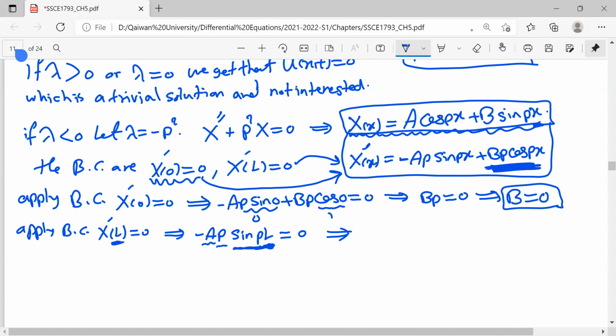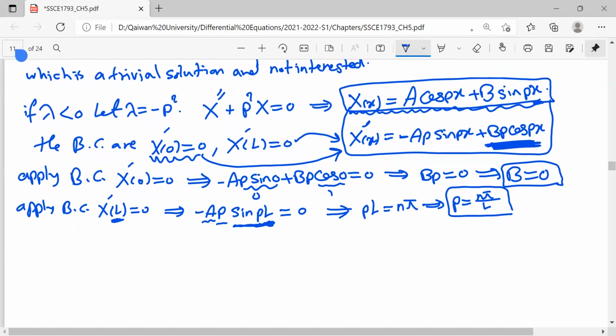So from this we say pL must be n pi, and so p is n pi over L. This is p.